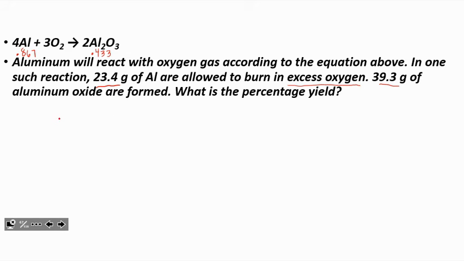If I take the 0.433 and multiply by the mass of aluminum oxide, that's going to give me 44.2 grams. Now that's how much I should make theoretically. In reality, we made 39.3 grams. So we're going to divide 39.3 grams by 44.2 grams and multiply by 100, and that's going to give us our percent yield, which is 88.9%. So hopefully you got that answer.